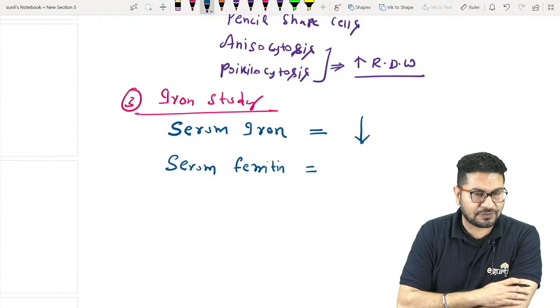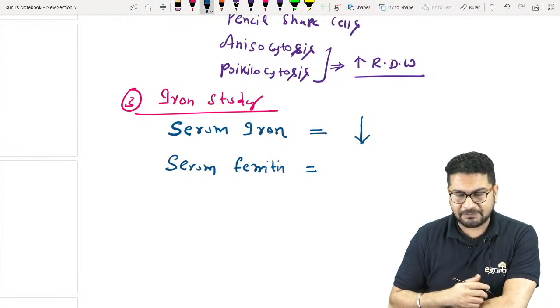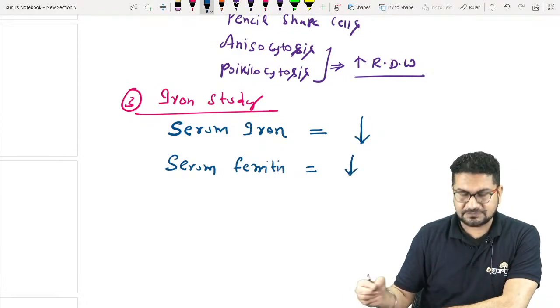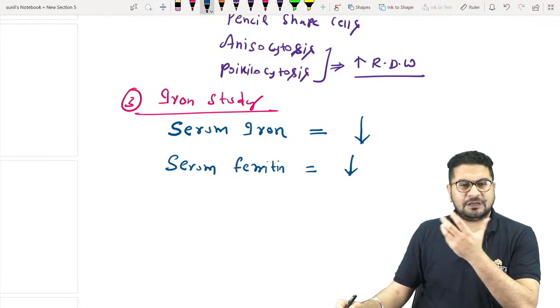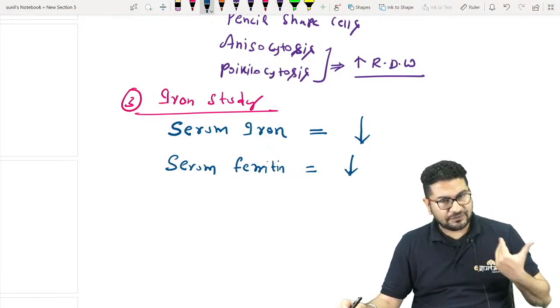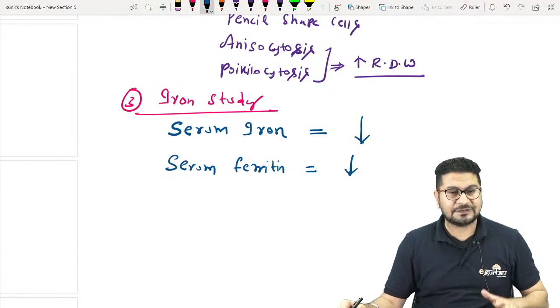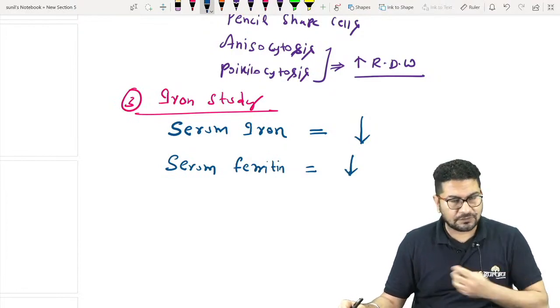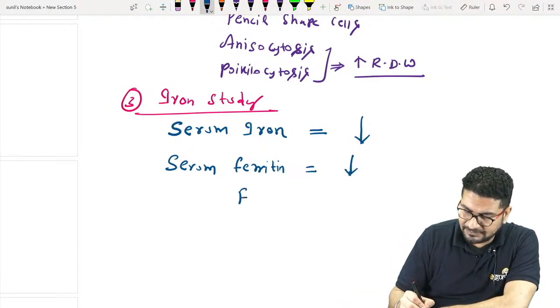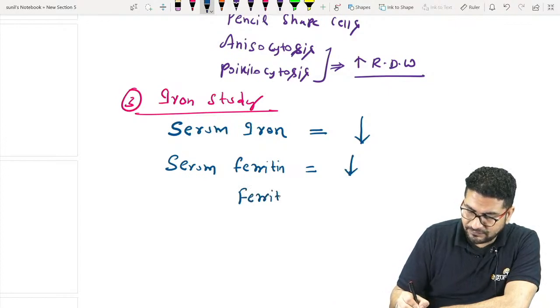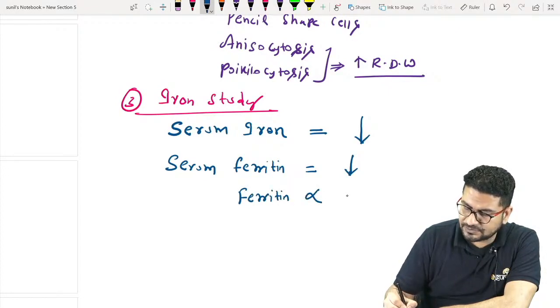Store form will also decrease, because when you are deficient, first the body will utilize the stores. Once stores are decreased, then you get the symptoms. And always remember, ferritin is inversely proportional to TIBC.